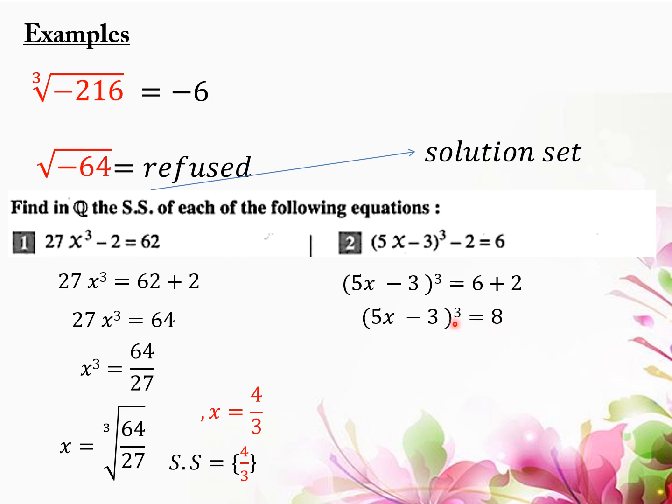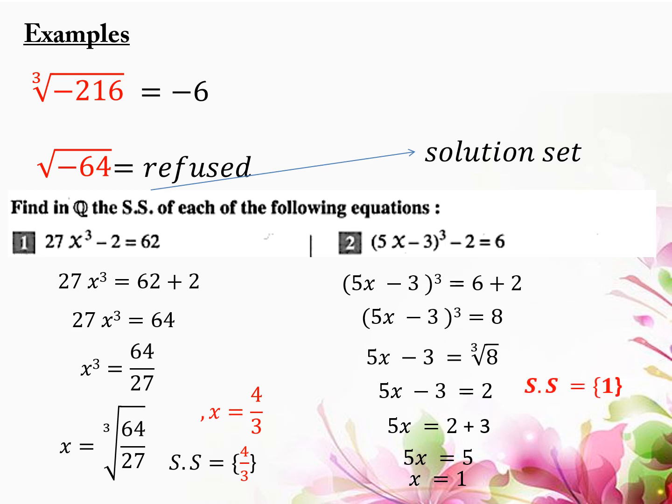The opposite operation of the cube root is the power 3, and the opposite operation of power 3 is the cube root. Then 5x minus 3 equals the cube root of 8. Cube root of 8 using the calculator equals 2. Then 5x minus 3 equals 2. We will move negative 3 to the right hand side as positive. So 5x equals 5, then x equals 1. Then the solution set equals 1.